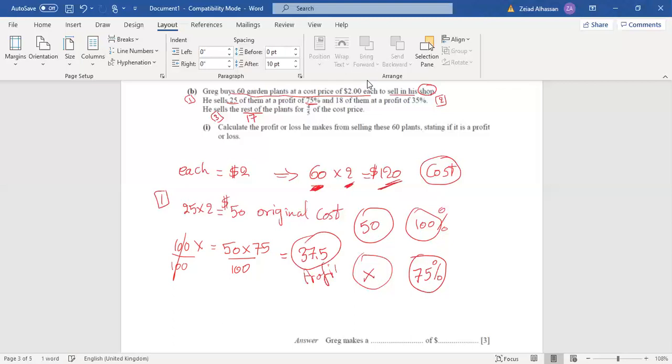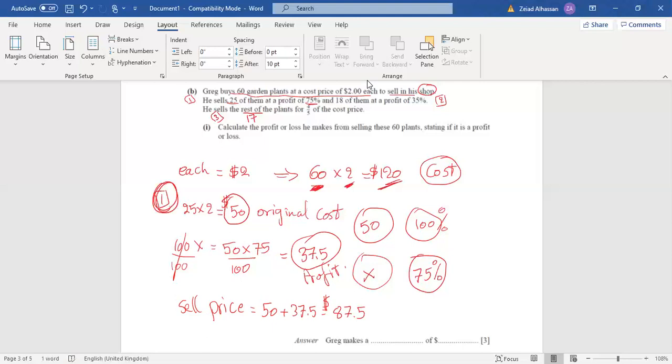It means the man bought them for 50 and made a profit of 37.5. If they ask me about the selling price, it is 50 plus 37.5, which is equal to $87.5. He sells them for that.